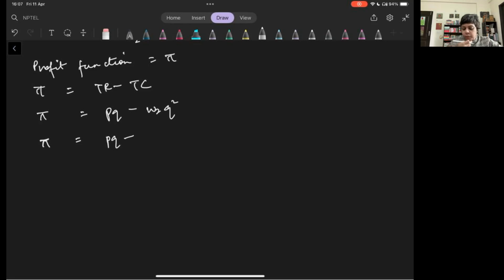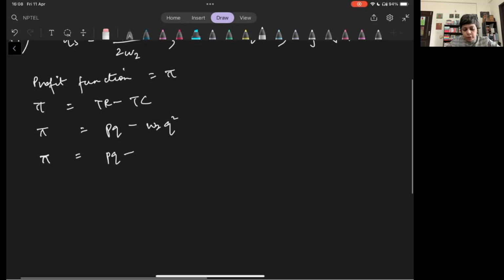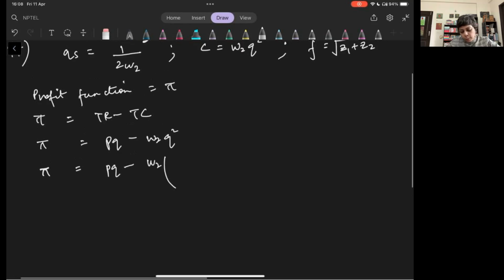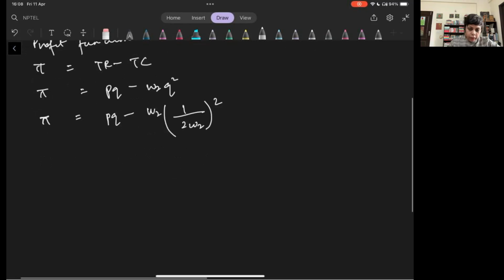So this is PQ minus W2 Q squared, and we just found the supply function here, which means we can substitute Q in terms of W2. So this is W2 into 1 upon 2 W2 whole square, and P we have taken as 1, so we can just remove P from here.